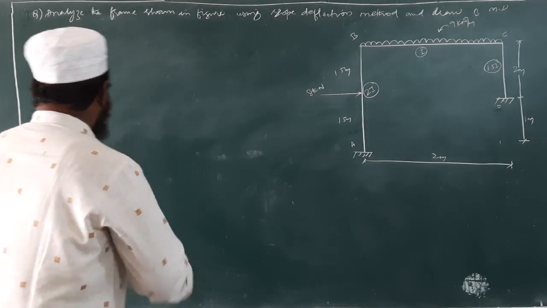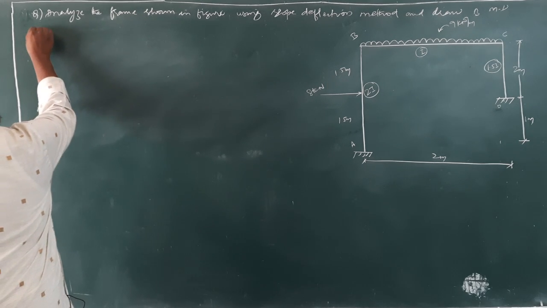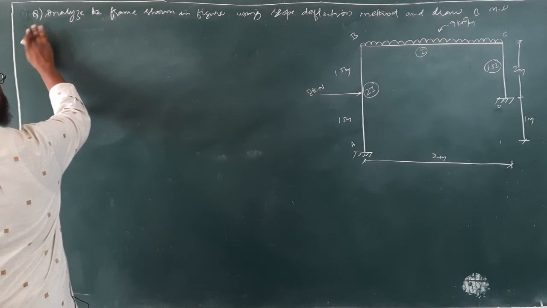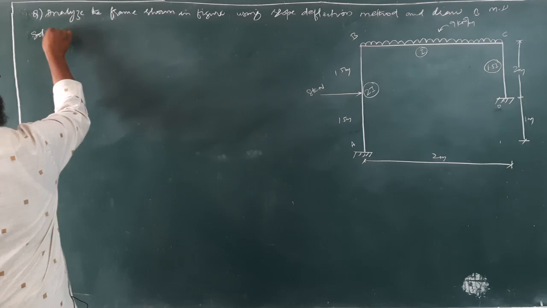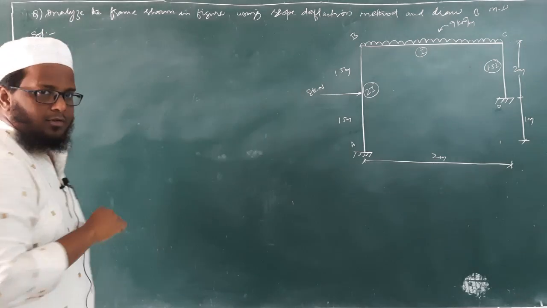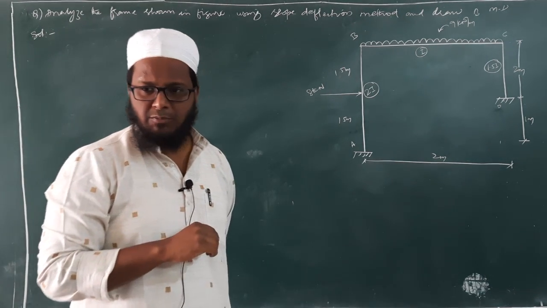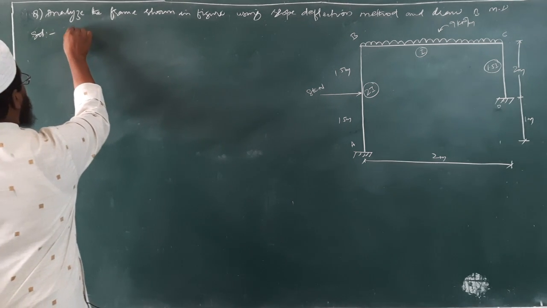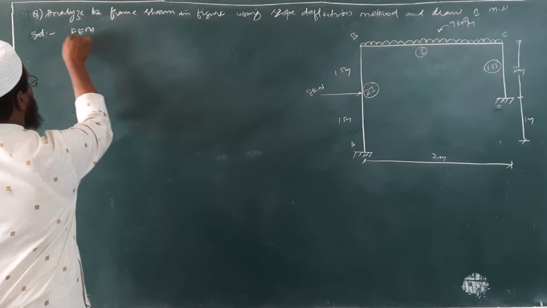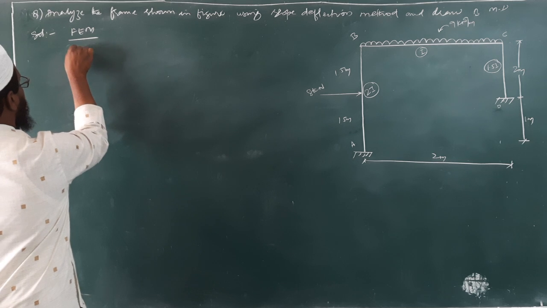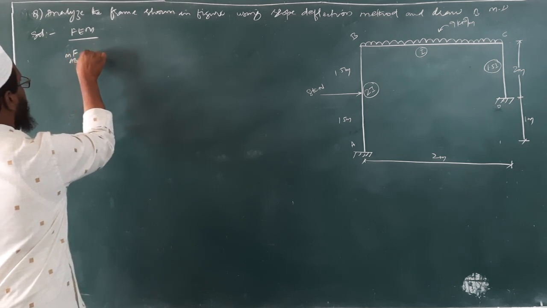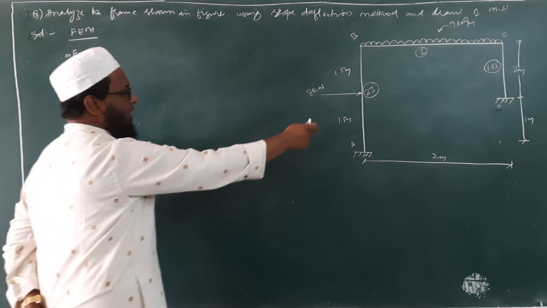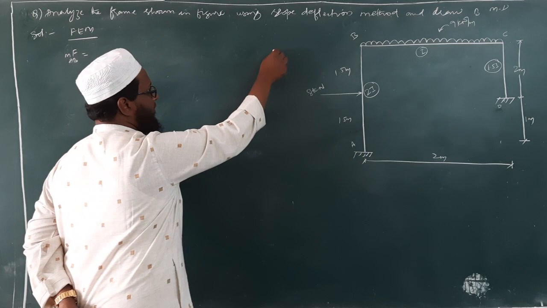And what is the first step we do in slope deflection method? Yes, what is the first step we do? That is, we calculate fixed end moments, isn't it? How to calculate fixed end moments? So I will write here fixed end moments. So MF AB. So before that, what I will do, I will try to draw this one.